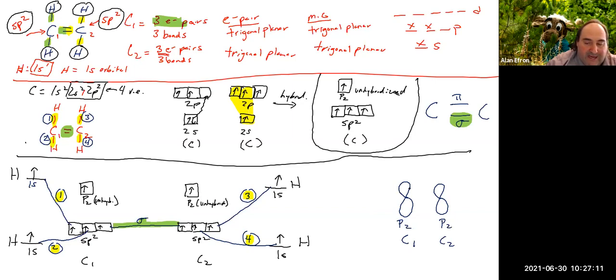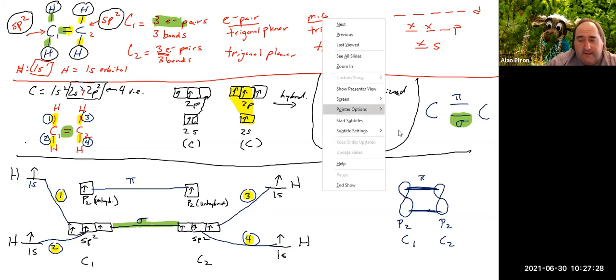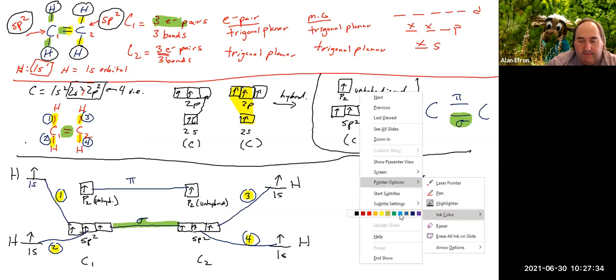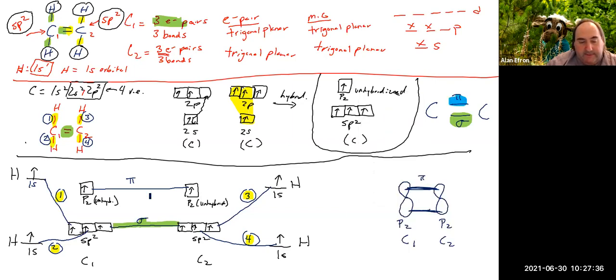They do sideways overlap to make that pi bond, that second line, if you will. We'll use maybe that color there, representing the pi bond.